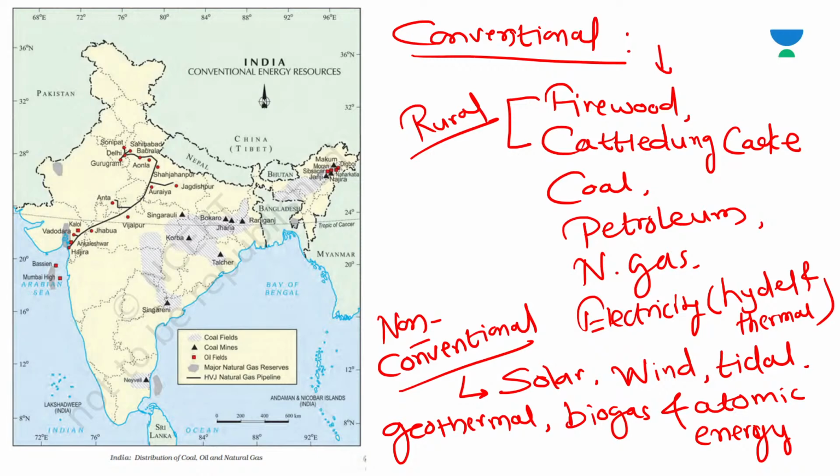So when we are talking about the conventional sources of energy in detail, like coal, friends, in India, coal is the most abundantly available fossil fuel. It provides a substantial part of the nation's energy needs.